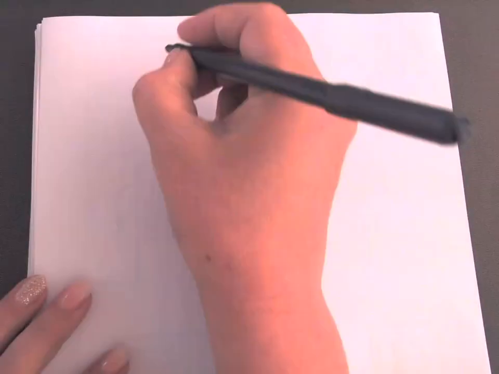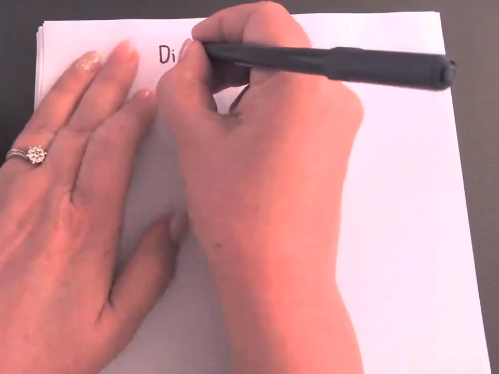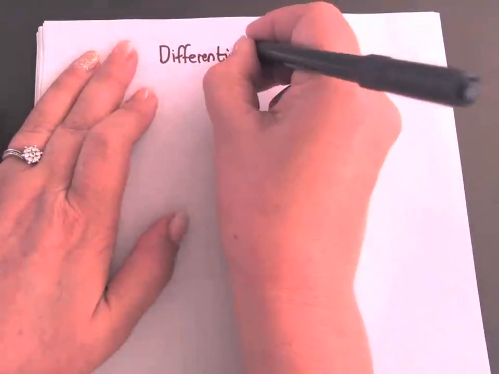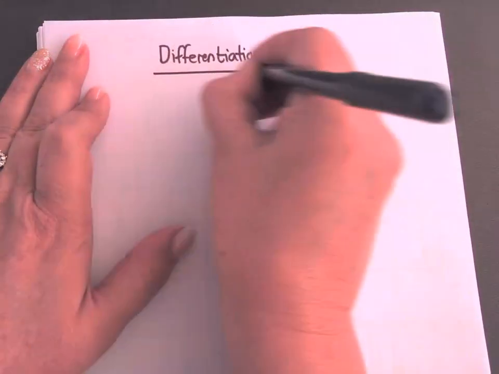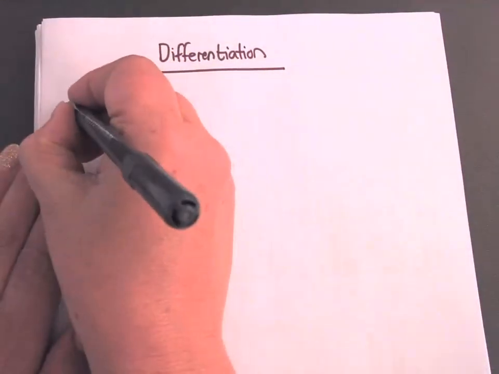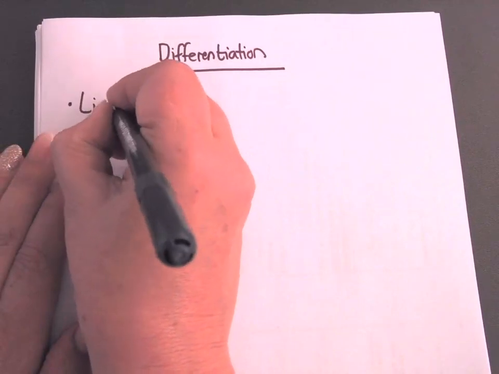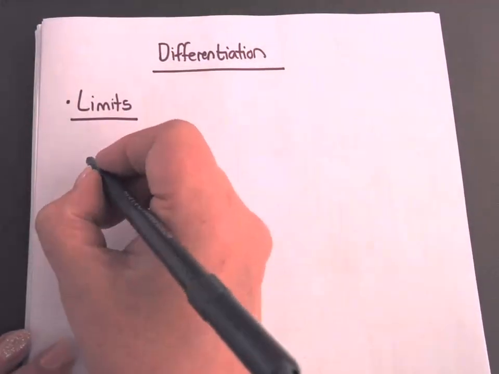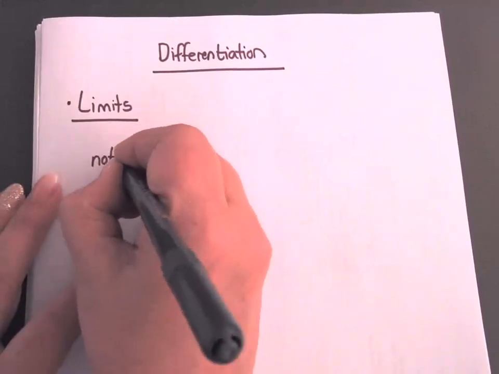The topic for this term is differentiation. And we're first going to look at limits. Now, limits has a specific notation.